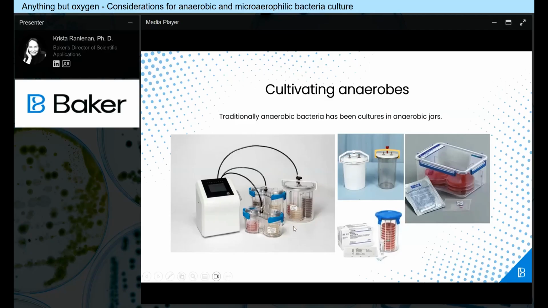The condition inside these jars is usually achieved by commercial gas packs, as you can also see here in the picture, or a gas replacement method. The anaerobiosis, or the creation of the anaerobic conditions, is usually based on a chemical reaction.